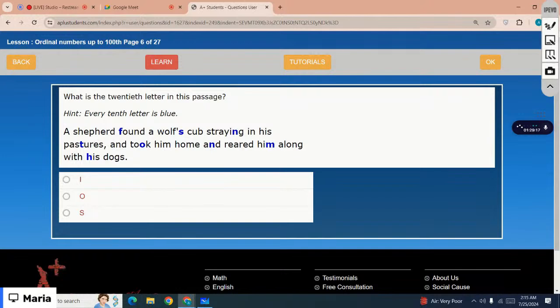The correct option is S. Option number 3 is the correct option.